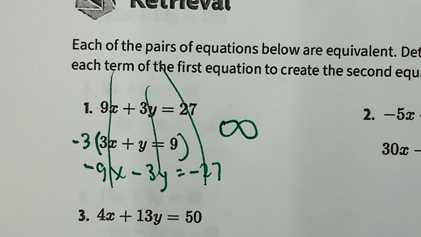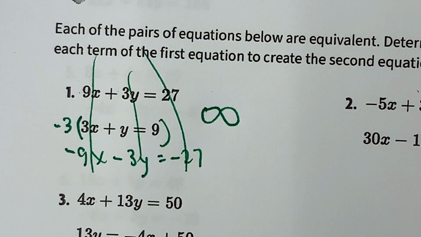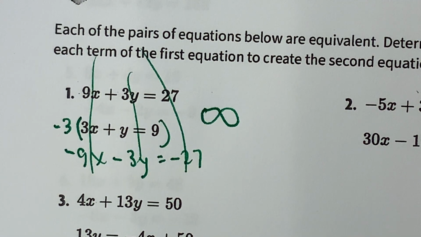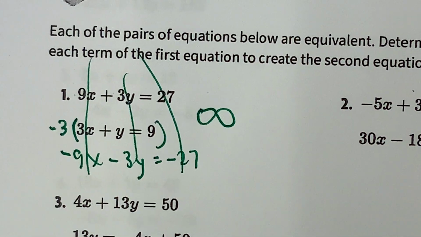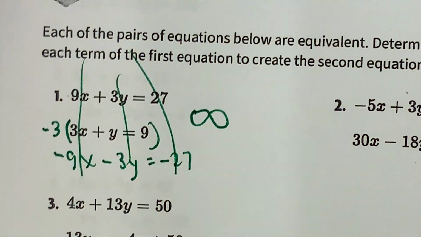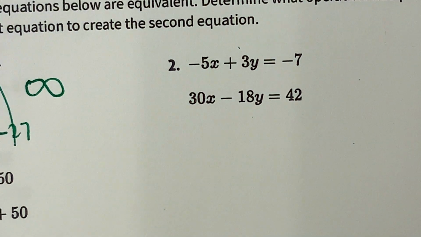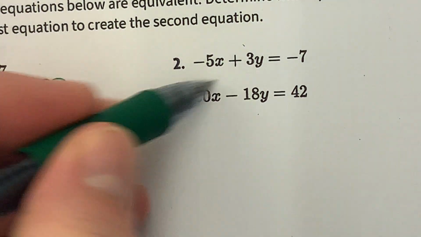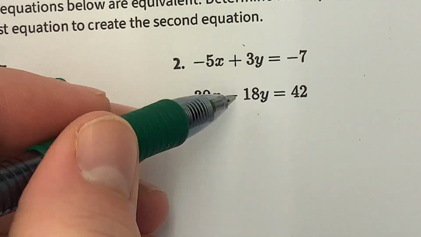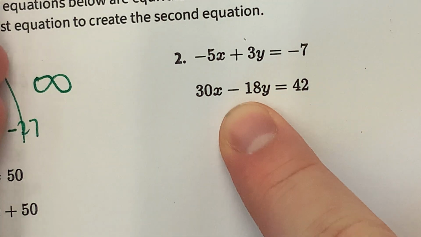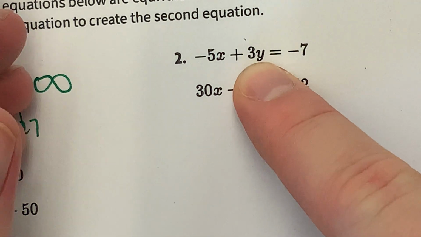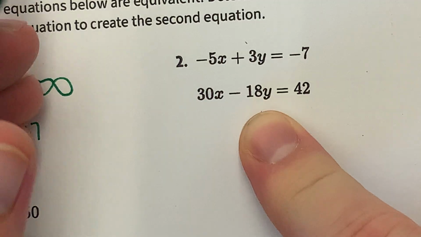Okay, so right now your textbook here is wanting you to recognize when something is infinity and when something is no solution. Let's see what this one is. What can I cancel? Let's say you want to get rid of this 18. It says negative 18y. This is 3y. What would you have to multiply in to get rid of that?